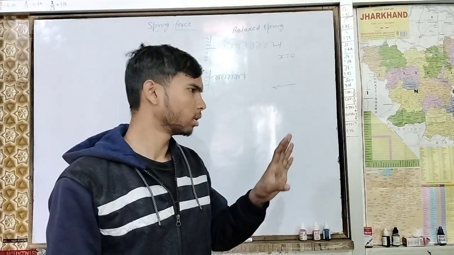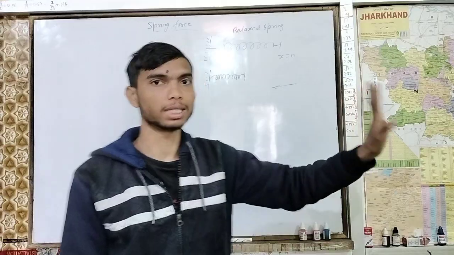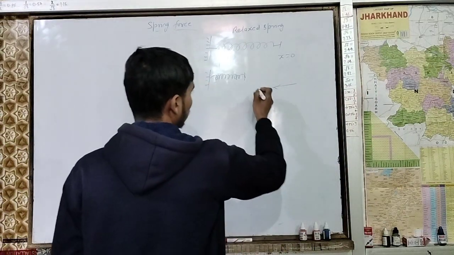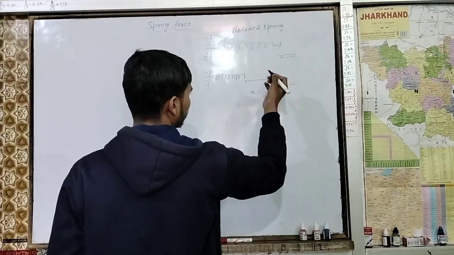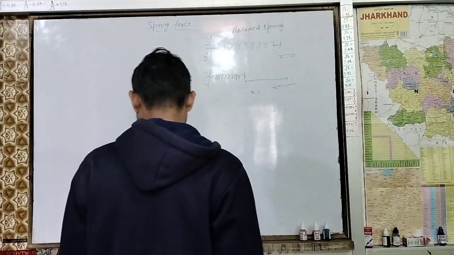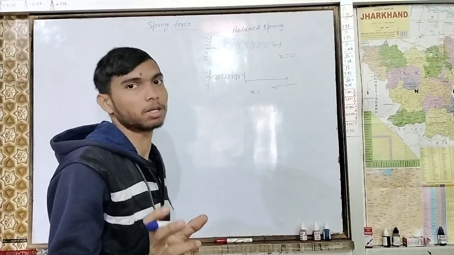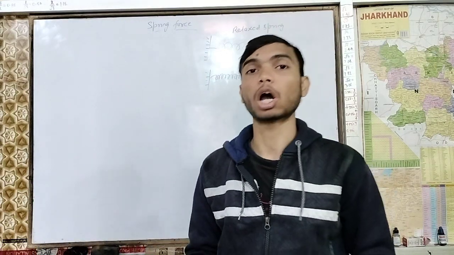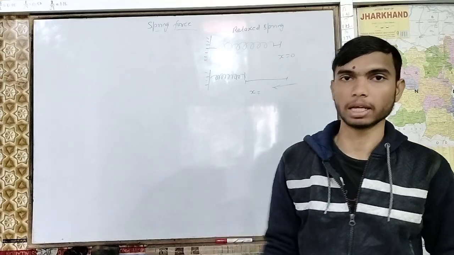We applied force in this direction, so the spring will go inside. So this displacement will be x, something. This compression is our displacement. With how many newtons you compressed, that displacement will be x.